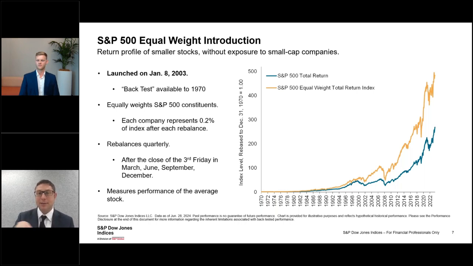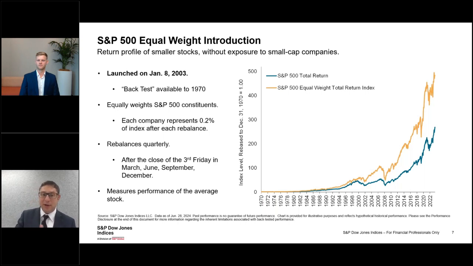The overall market has more money in stocks with larger capitalization and less money in stocks with lower capitalization, and the S&P 500, like many other indices, just reflects that market capitalization weighting. The S&P 500, the classic one, essentially represents how all the money in the market is doing.